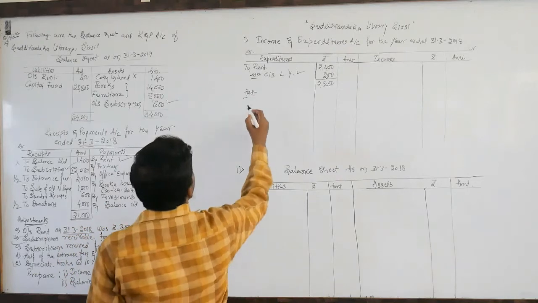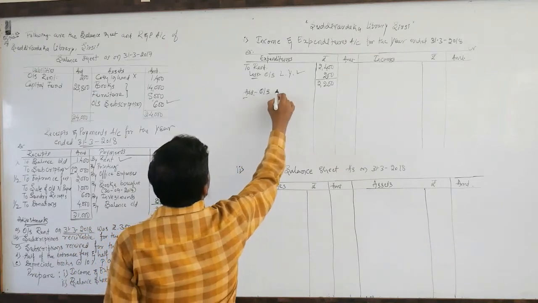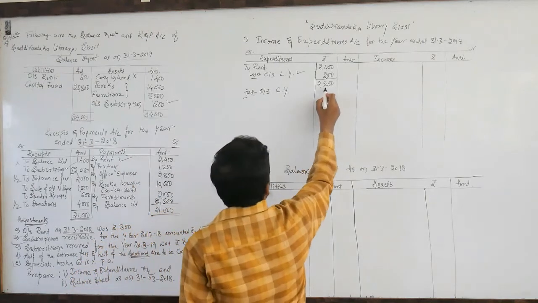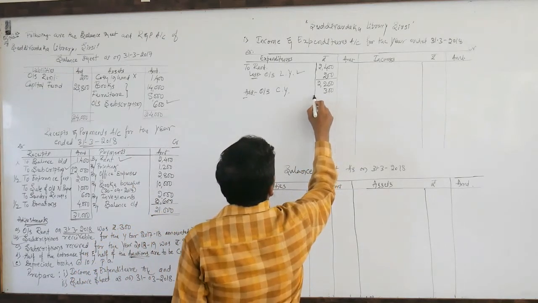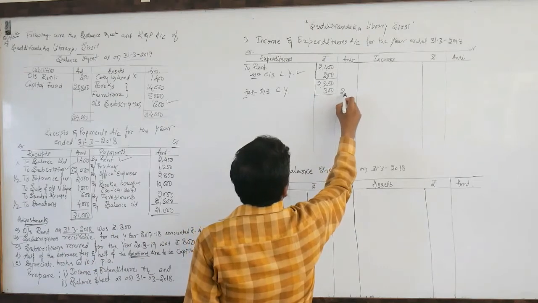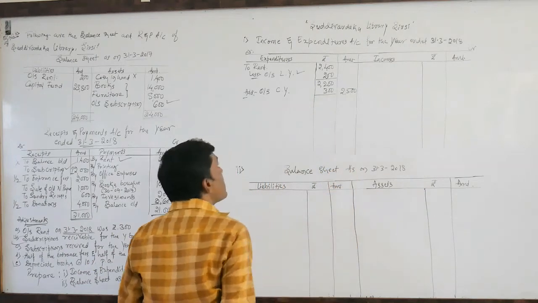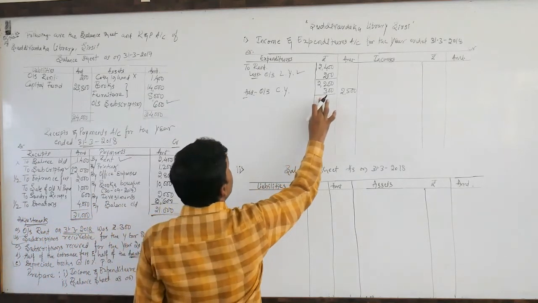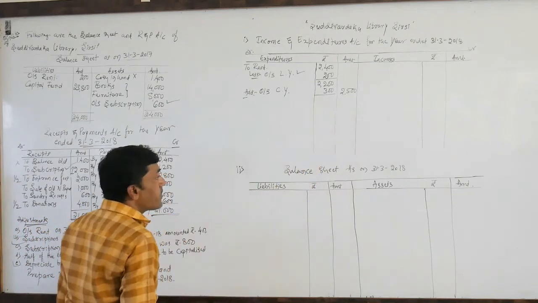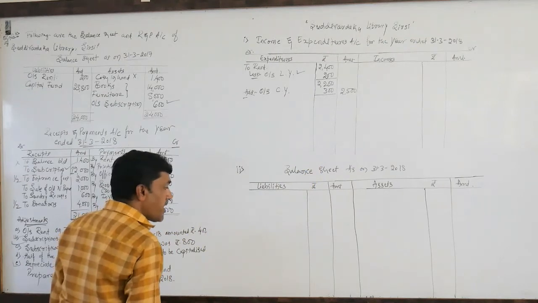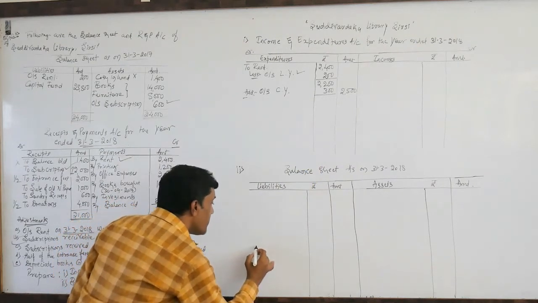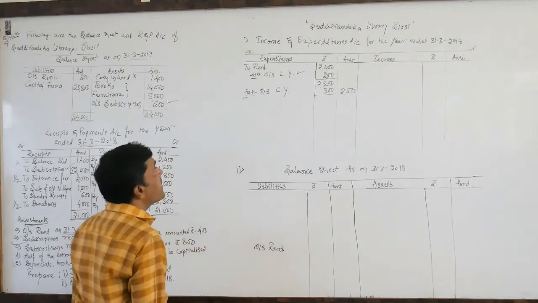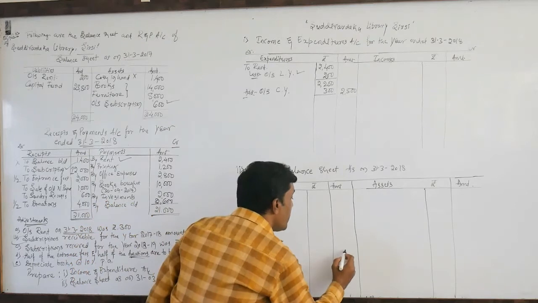So add outstanding current year, what is the amount? 300. 2,500 is the rent for the current year. Here 300 is the payable amount. Need to write it on the liability side of the current year balance sheet: outstanding rent for the current year is rupees 300.